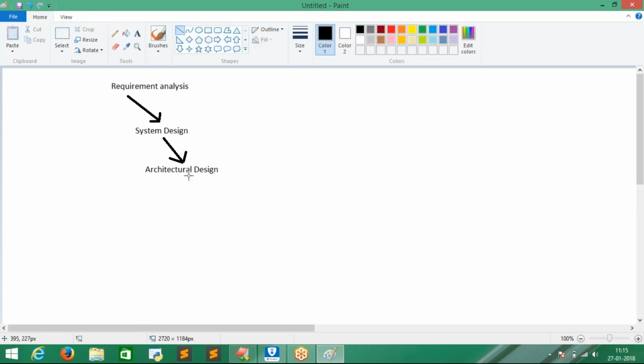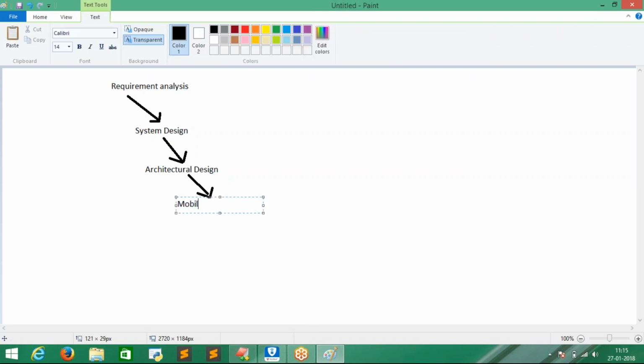After architectural design, it will be module design.